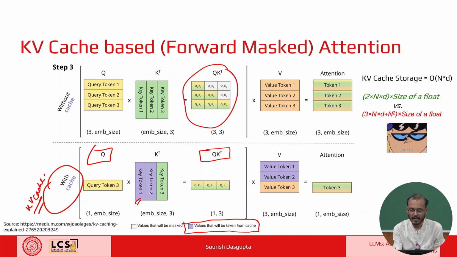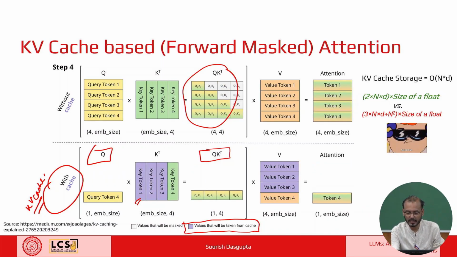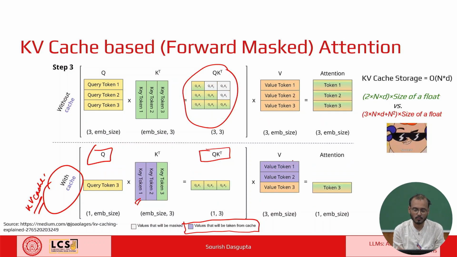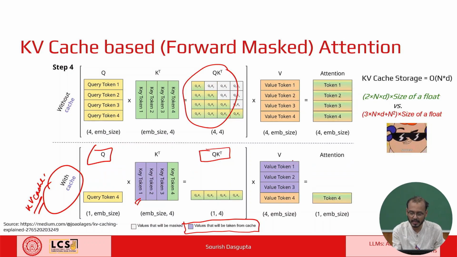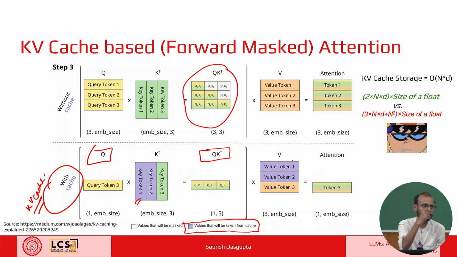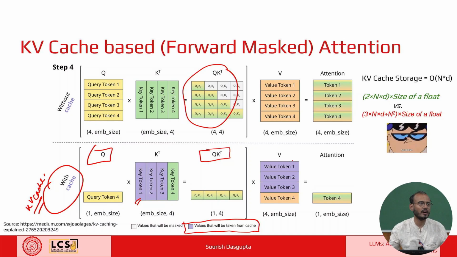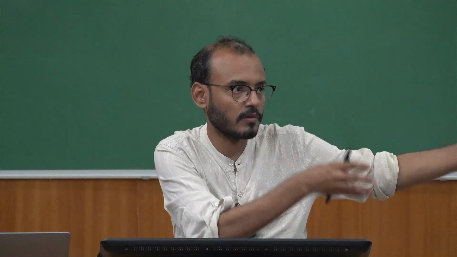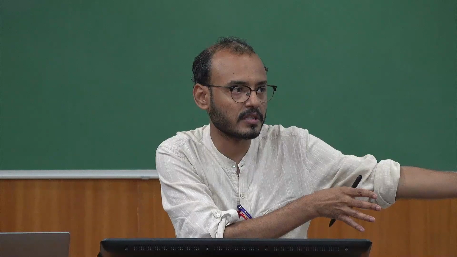And again, when I look at the value, I need the previous values, but I would just fetch them from the cache. Why do I need the previous values? Because again, in order to get the final contextual embedding or the attention, I need the previous Vs also, because I have to finally get the incoming arrows from all the Vs which were previously there for a particular token.